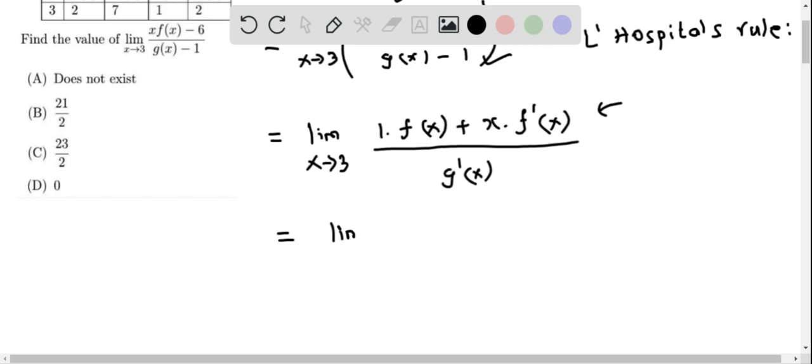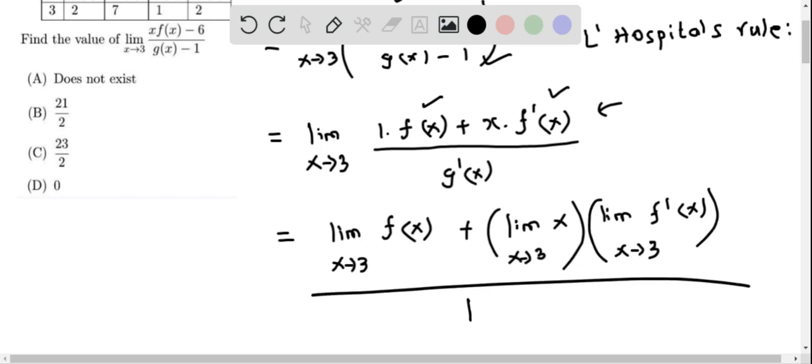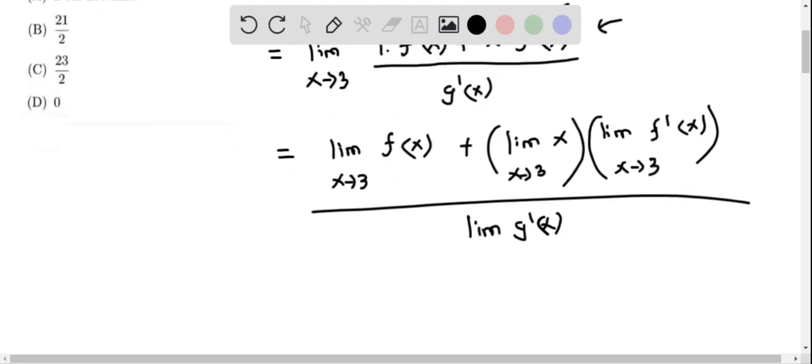So we can write this limit as the limit as x approaches 3 of the first expression, 1 times f(x), which is f(x), plus a product expression. I'm going to write this as a product of limits, that is the limit as x approaches 3 of x times the limit of f prime of x as x approaches 3, over the limit of g prime of x as x approaches 3.